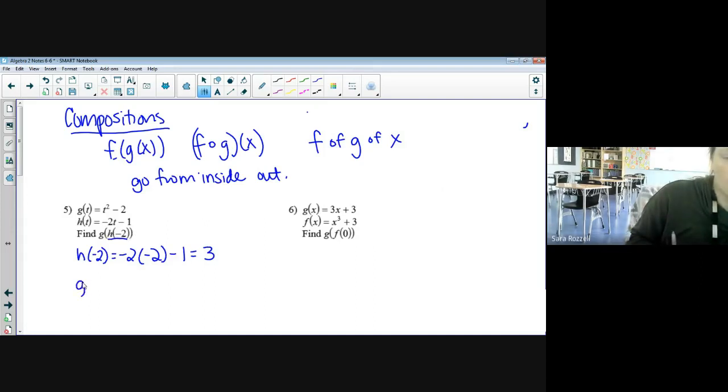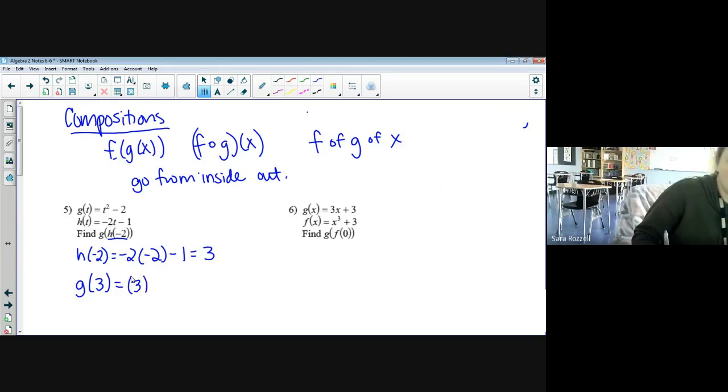So now I'm going to find g of 3. Since h of -2 was 3, I'm just going to substitute that in there. So look at that. See if you get what I just did. I evaluated the h of -2, and that was 3. So now I'm doing g of 3. Okay. So I'm going to plug 3 into my g equation.